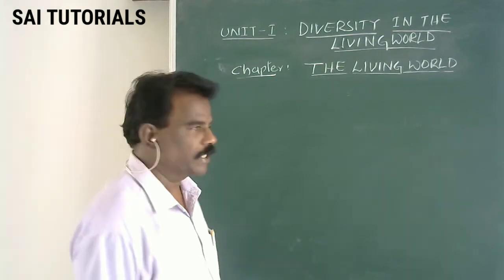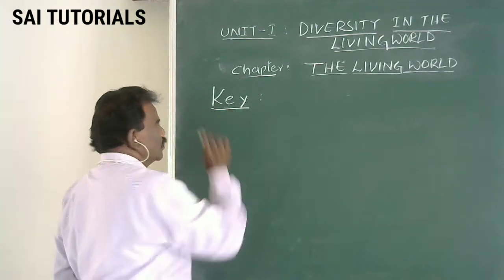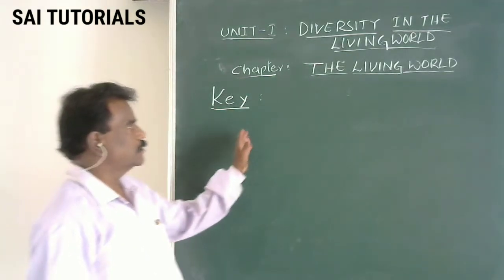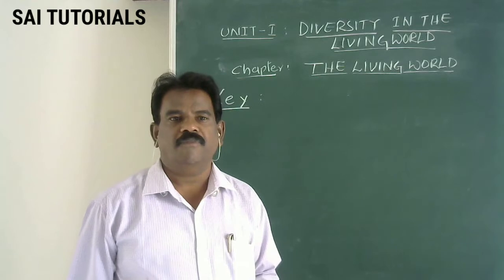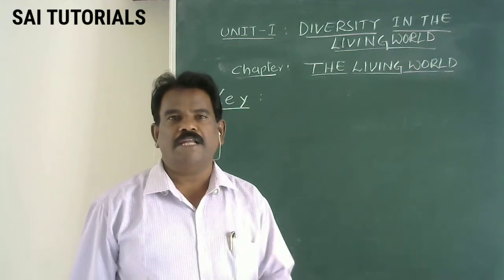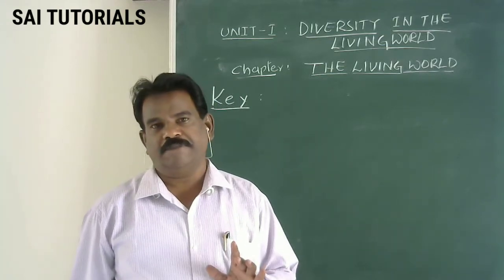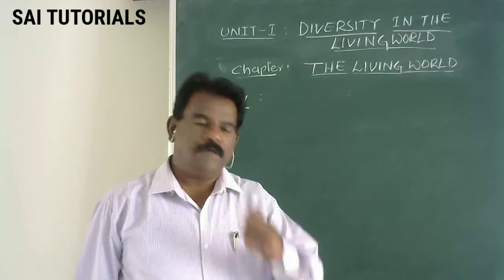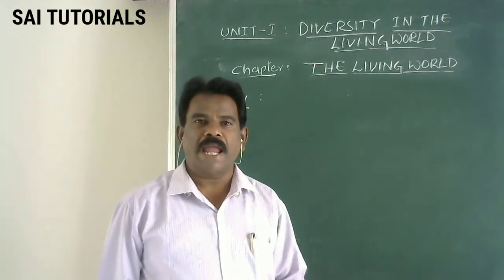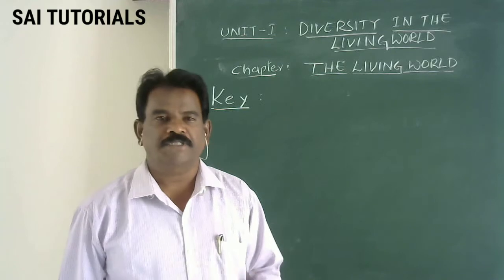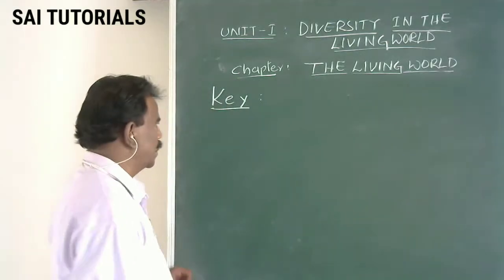The next taxonomic tool is keys. Keys are another taxonomic tool. They are used for identification of plants and animals based on the similarities and dissimilarities. What are keys? Keys are another taxonomic tool used for identification of plants and animals based on the similarities and dissimilarities.